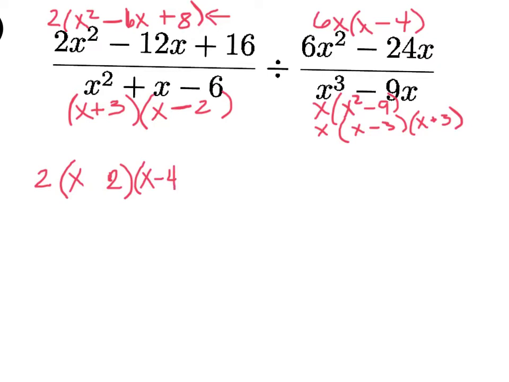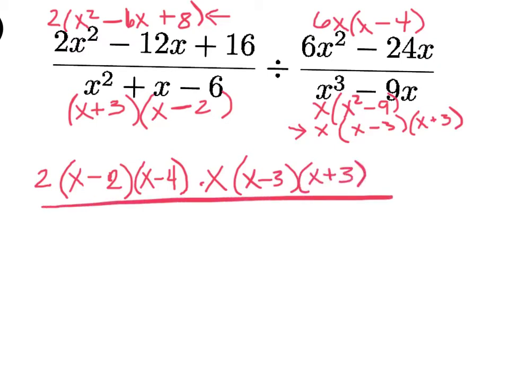It's going to be an x minus a 2 and an x minus a 4 to give us that positive 8. And it's going to be times this piece down here, x minus 3, x plus 3. And now my denominator is x plus 3, x minus 2, 6x, and an x minus a 4.